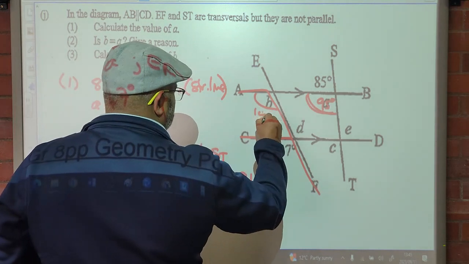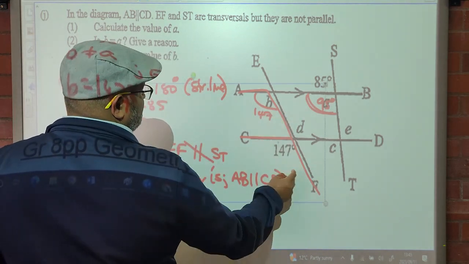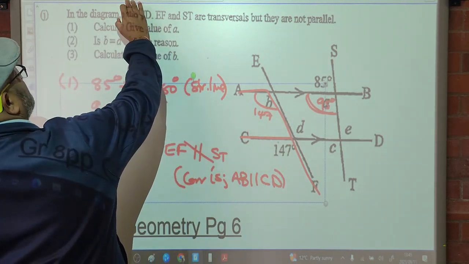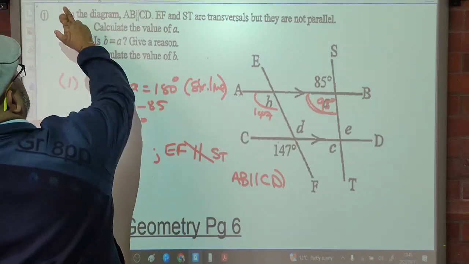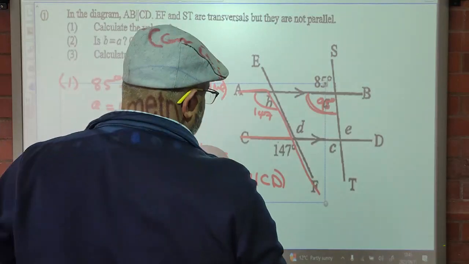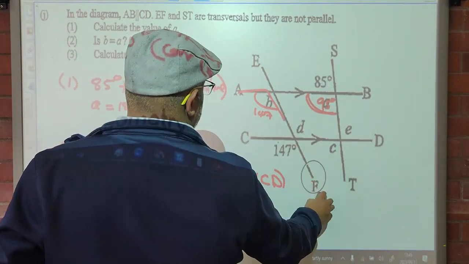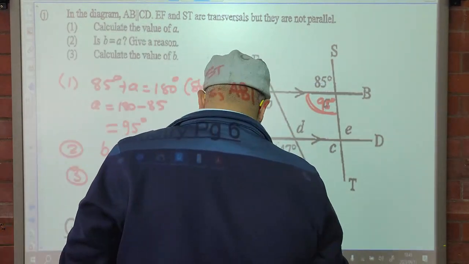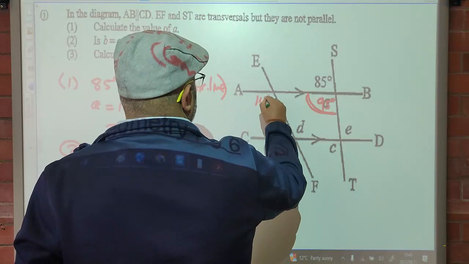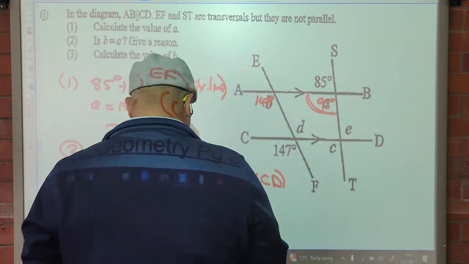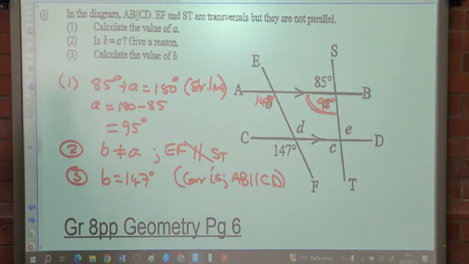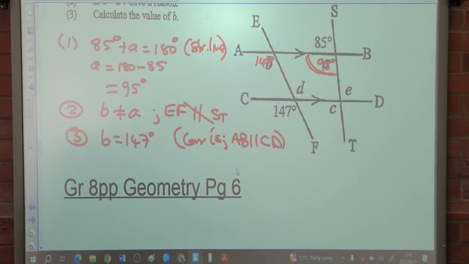So that is 147. Any confusion so far? Okay. So then I'm going to take this off here.